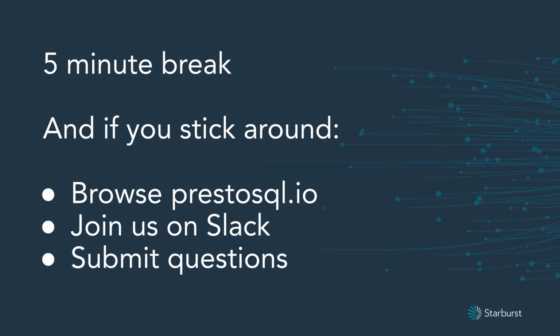The user Anudeep is asking roughly what the performance impacts would be when using the Redis connector with JSON-based data. I think he's saying, what if I store something like ORC or Parquet in Redis compared to JSON? So I guess he's asking about the different data formats and how efficient they are in the different systems and the Redis connector in general. Do you have any kind of higher level guidance there?